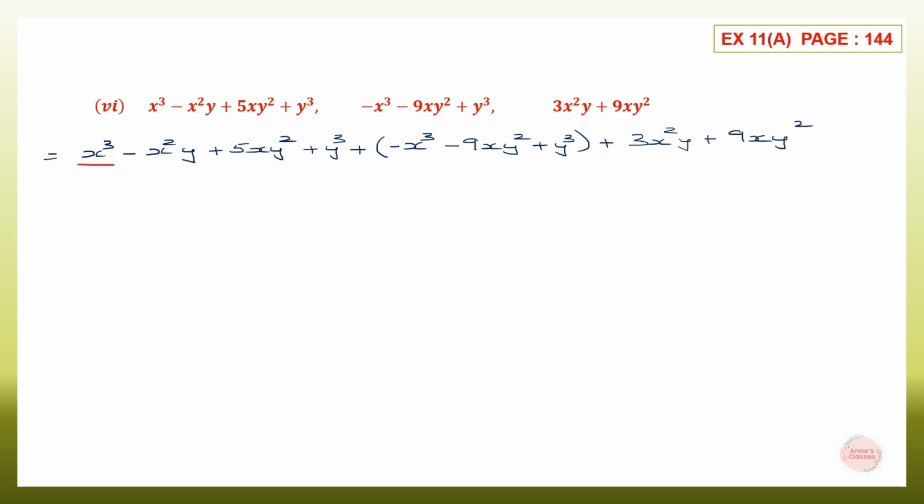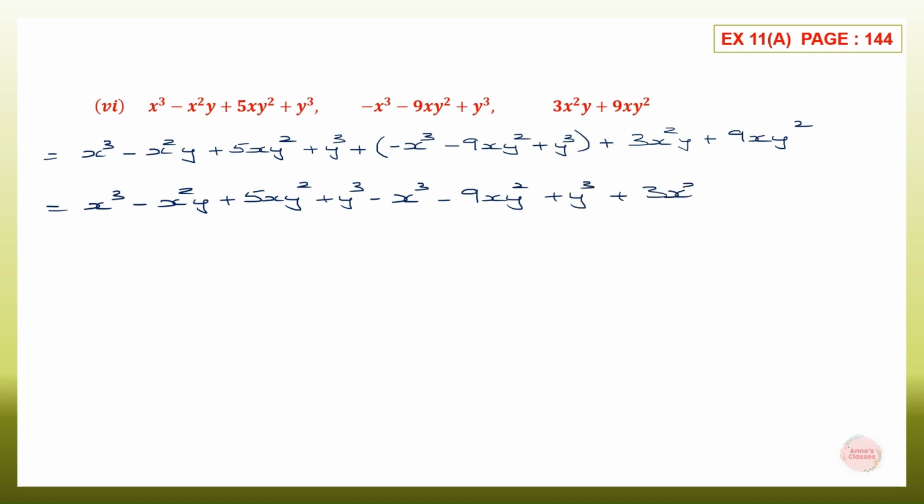Let's open the brackets before that. x cubed minus x square y plus 5xy square plus y cubed. When you see a plus sign before a bracket, you can write all these terms as they are when you remove the bracket. So let's remove it and write everything as it is: minus x cubed minus 9xy square plus y cubed plus 3x square y plus 9xy square.